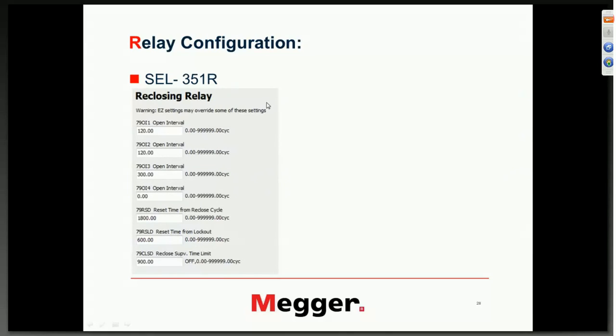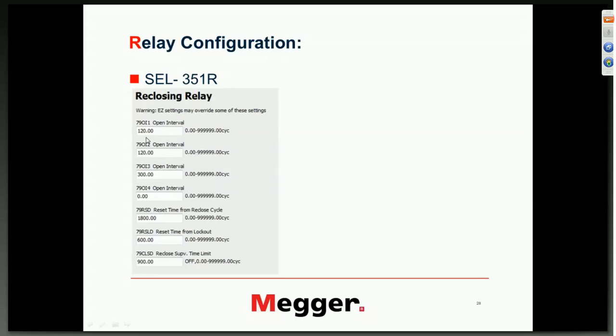That is E79. Depending upon the settings of the E79 on the relay, it will notify you as an engineer or settings engineer that the element is enabled. And after that, if you come to the reclosing relay topic on the settings page, you will see 79 OI1, OI2, OI3, and OI4.